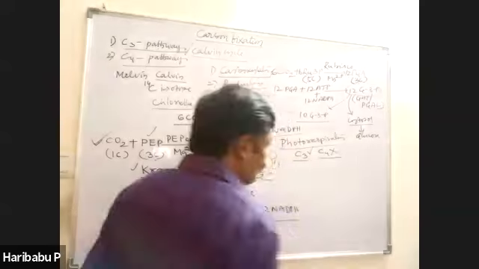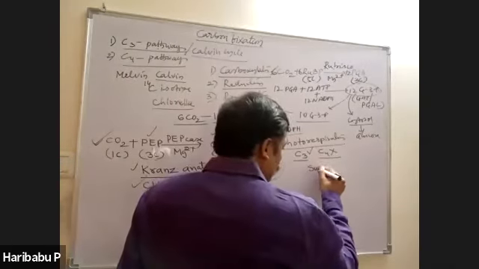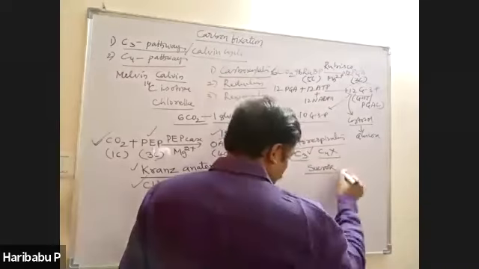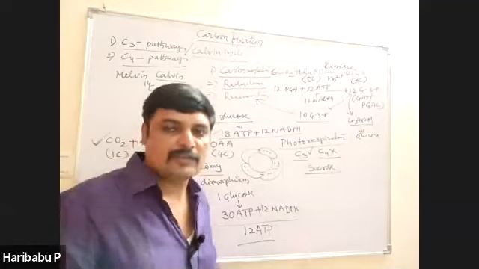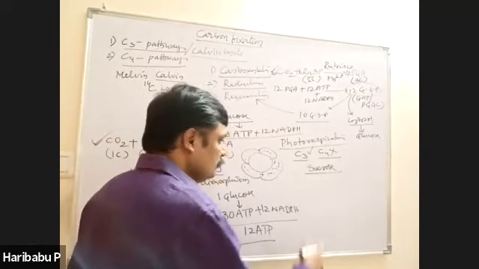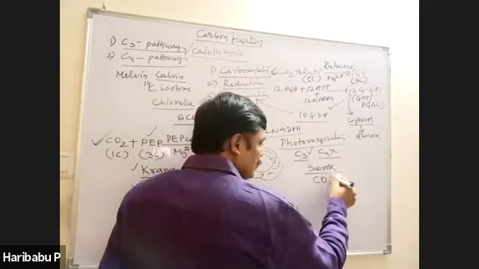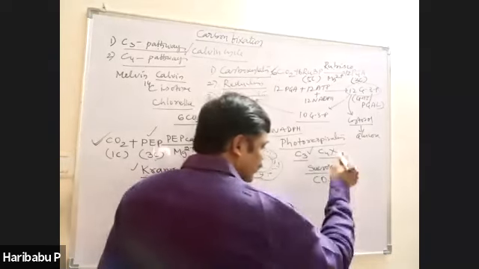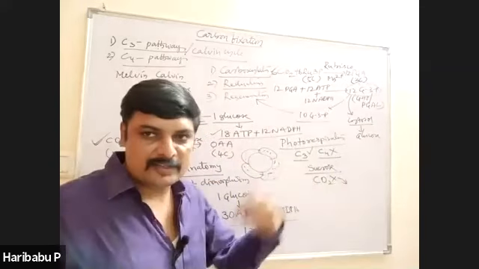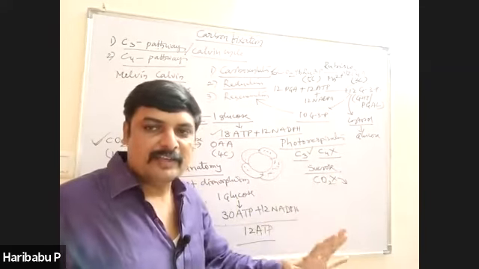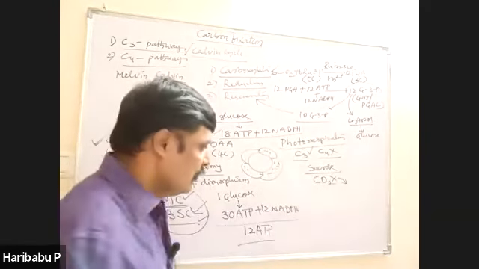Why is it an unproductive or uneconomical process? Sucrose is not produced. That means food is not synthesized in photorespiration. Carbon dioxide is not utilized for fixation. Instead, some amount of carbon dioxide is liberated.